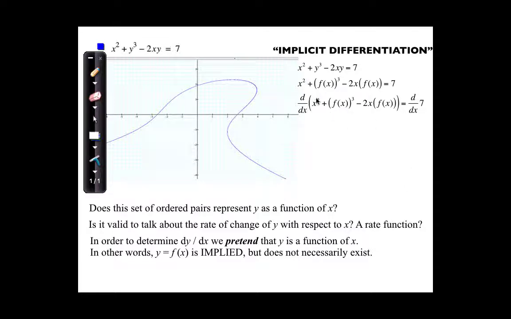All the other terms, well, the first one is simple. The derivative with respect to x of x squared, that's a 2x. This f of x cubed looks a little weird, but I'll just write it like chain rule: 3 f of x squared times the derivative of f of x, f prime, right? So the tricky part is going to be the third term from the left side, this 2xy originally, now written as 2x times f of x.